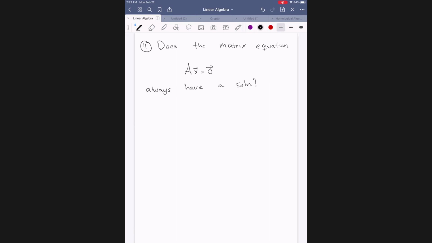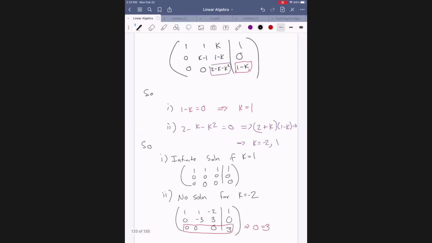So now think about it. That doesn't prove that it always has a solution, but think about the REF, okay? What are the only situations where you have no solution? We just did it right now. We analyzed that matrix, right? So when did we have no solution? What made it break?